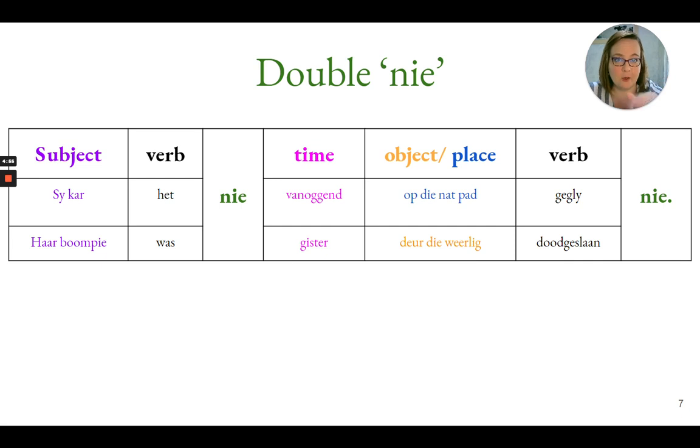I don't have an object, just a place. Op die nat pad, on the wet road. Gegly, verb as always, last word, nie. Okay, haar boompie, once again a diminutive. I'll have a lesson on diminutives. It is just adding an IE, making it a little tree, her little tree.